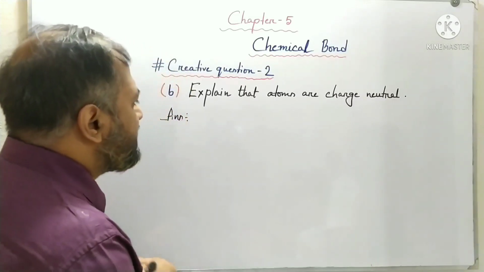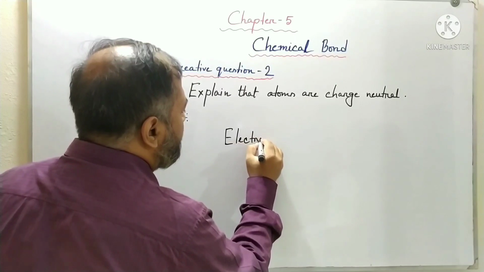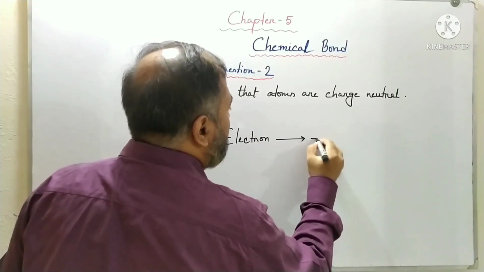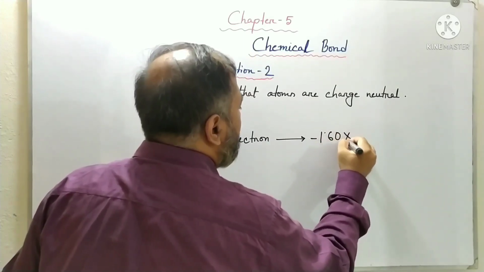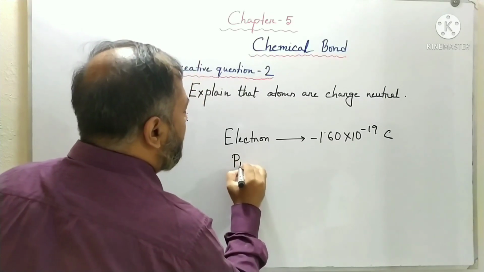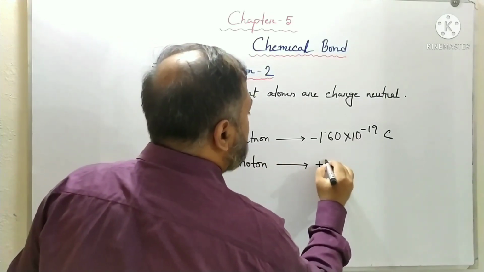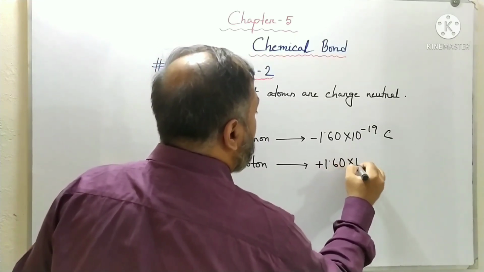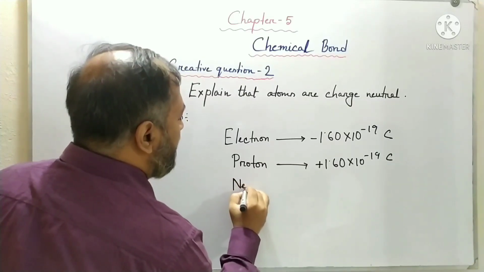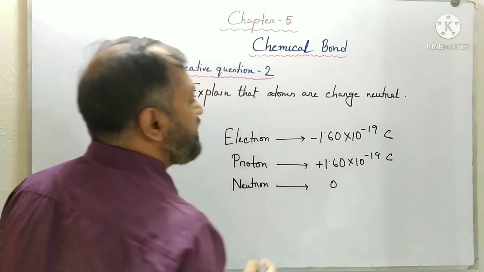And we know that the charge of an electron is minus 1.60 into 10 to the power minus 19 coulomb, and the charge of a proton is plus 1.60 into 10 to the power minus 19 coulomb, and the neutron is charge neutral. That means the charge is 0.